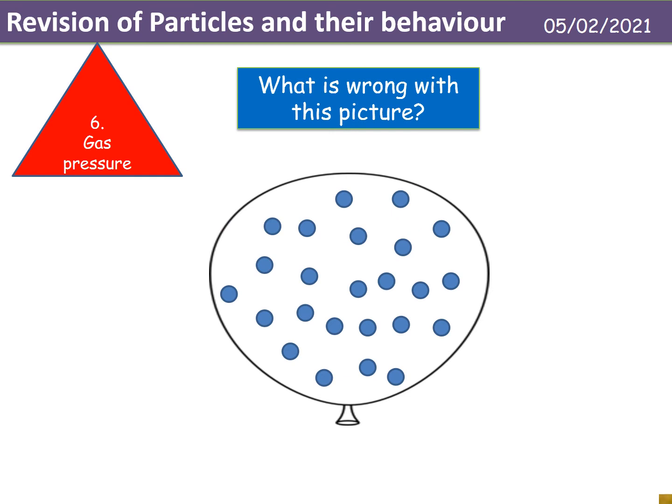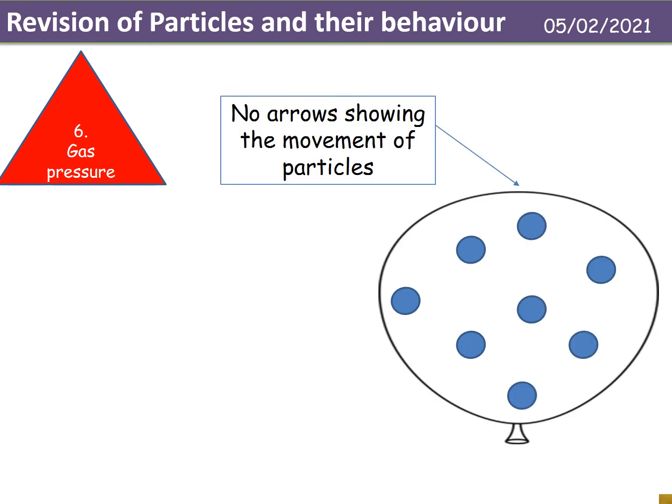We also looked at gas pressure this week. Looking at the picture in front of you, what is wrong with this picture? If you said that no arrows were added to the diagram, then you're correct.